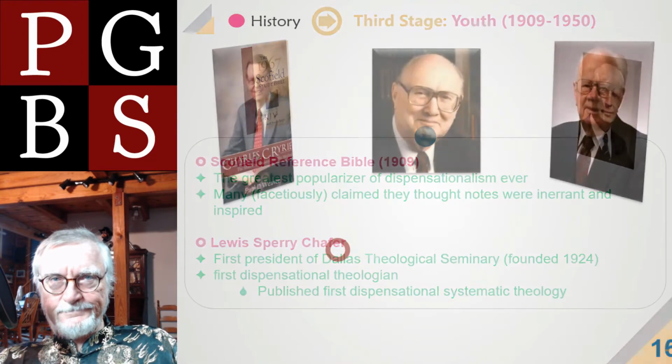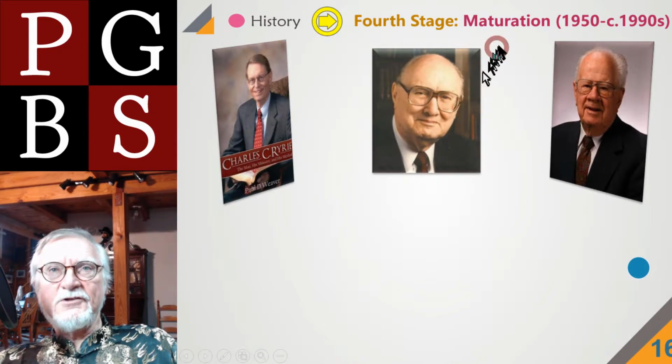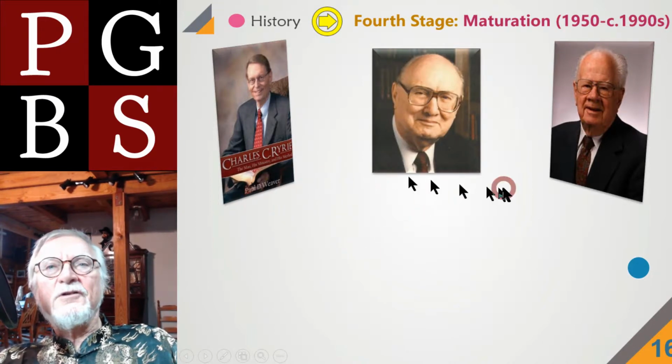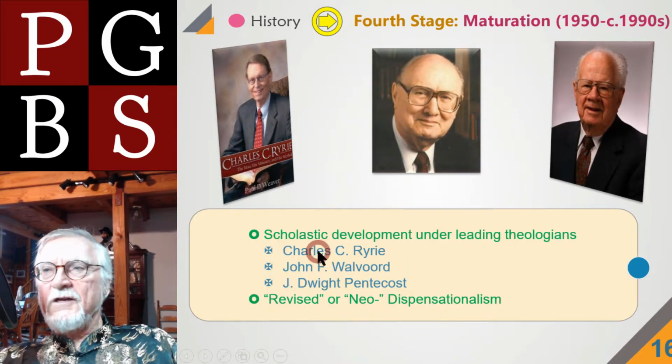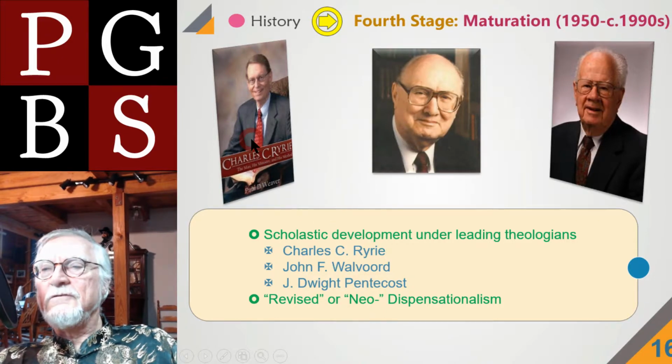All right, now let's go to the fourth stage of dispensationalism, which is maturation of the movement. 1950s to 1990s, this is when it became, this is when I learned about it. Here are your three big theologians in this stage. They were theologians. They operated on a scholarly level. This is Charles Ryrie.